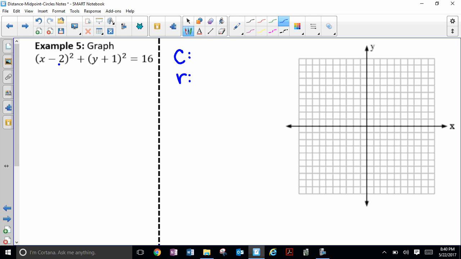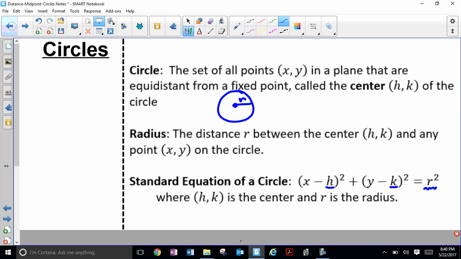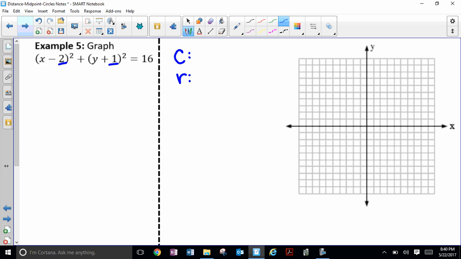Remember you have your h and your k, and the original has minus signs in it. When your original equation has minus signs in it, it looks like x minus 2, but it's actually the opposite. So the x value of the center is positive 2, and the y is actually negative 1, because for this to be plus 1, you would have had y minus negative 1.